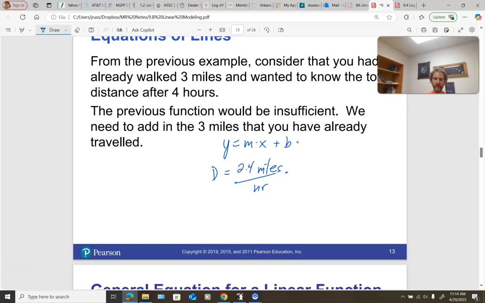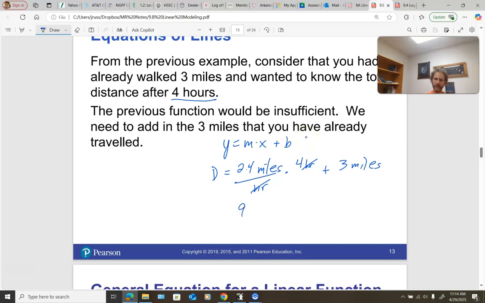So if we're talking about 4 hours, okay, plus the distance that we had already traveled, which is 3 miles. And so these units, hours, still cancel out. You're going to multiply 2.4 times 4. That's going to give you the number of miles that you cover in those 4 hours, plus the 3 miles that you've already covered. Okay.